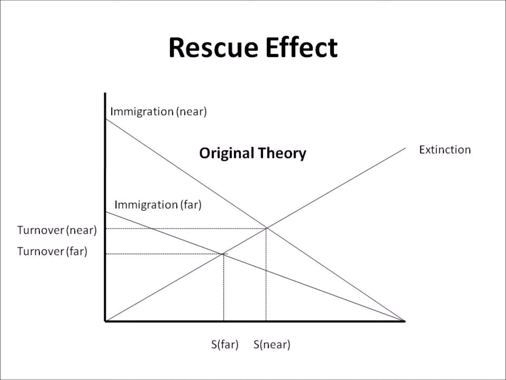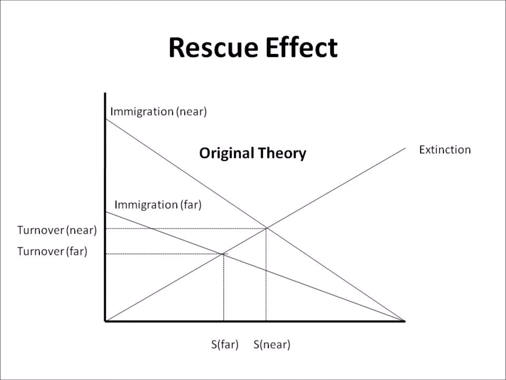So this figure here is showing again the original theory of island biogeography, the one that only considers island isolation effects on immigration, so not looking at island isolation effects on extinction.